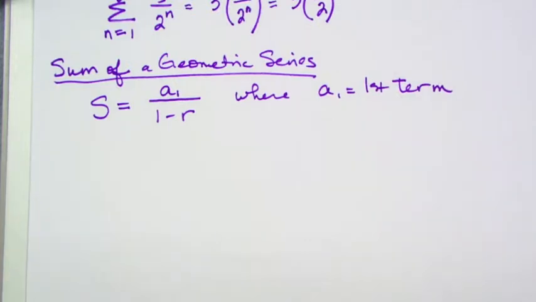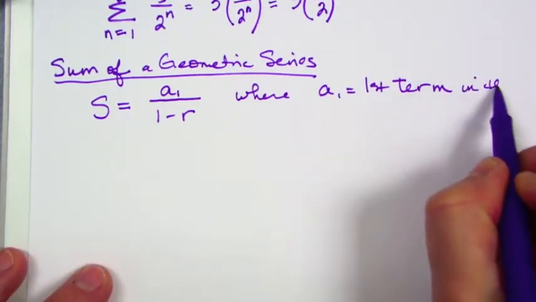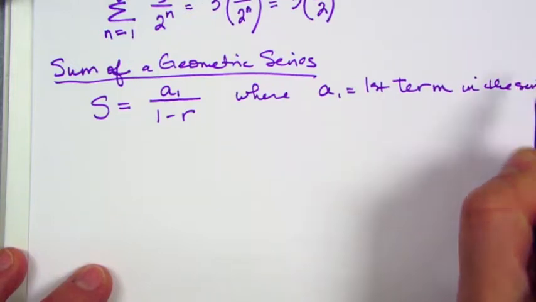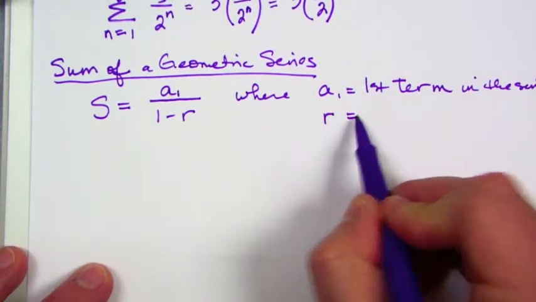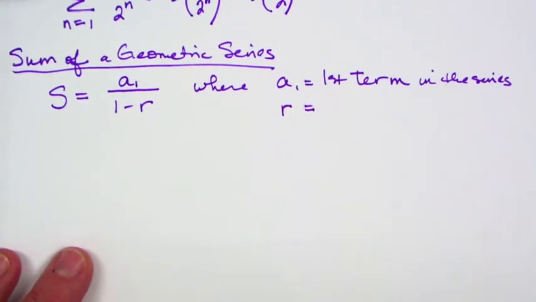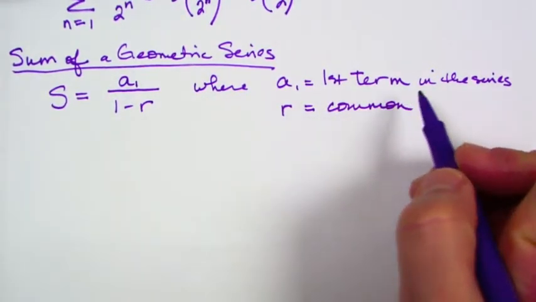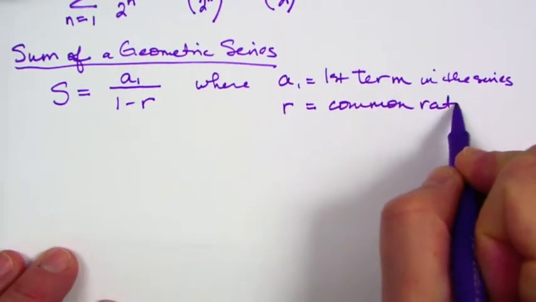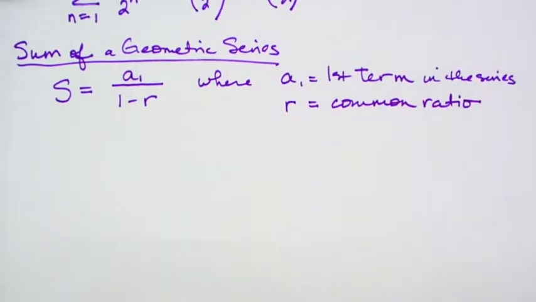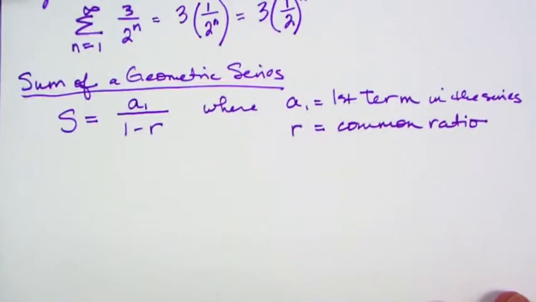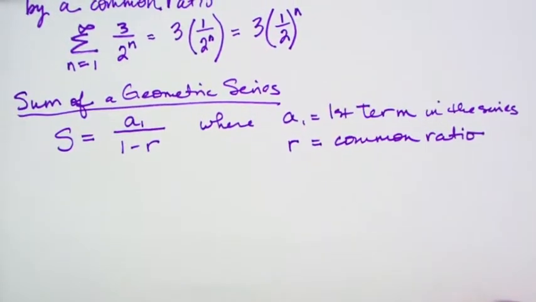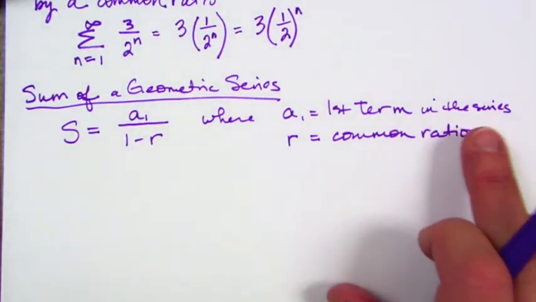A sub 1 is the first term. Here, I'll put in the series: first term in the series. And r is the what? The common ratio. Yeah, I put there the first term in the series.